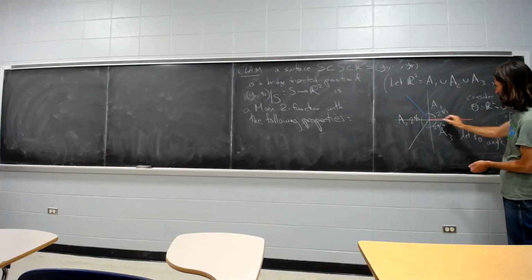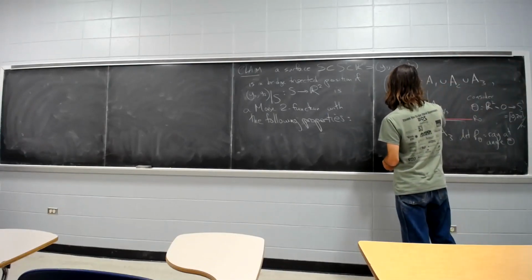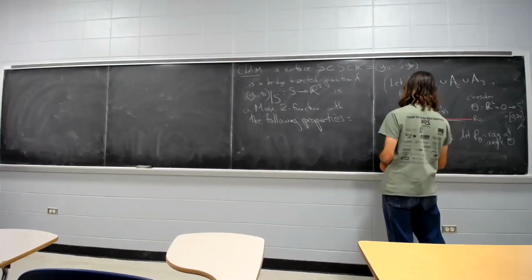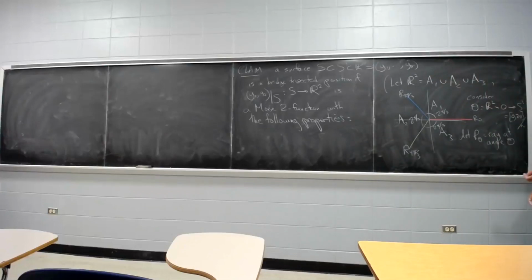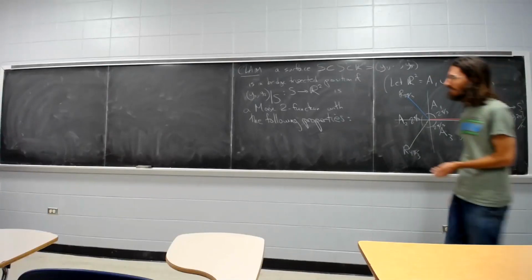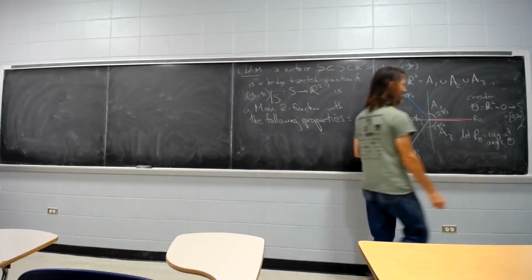So this is R0, this is R 2π/3, this is R. So A1 is bounded by R0. The following properties are going to be in reference to this bit of notation here.